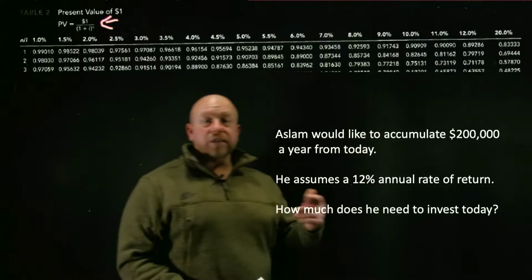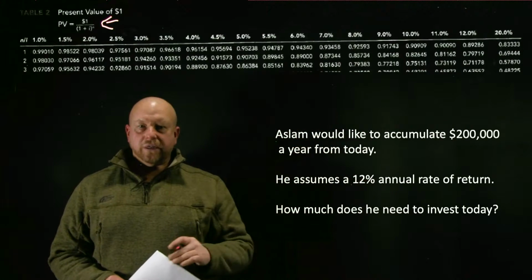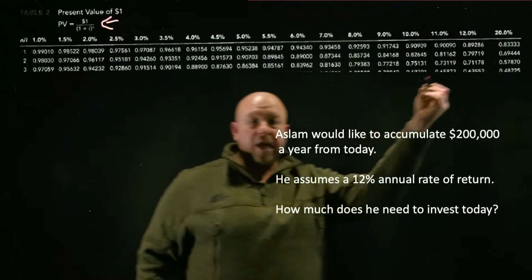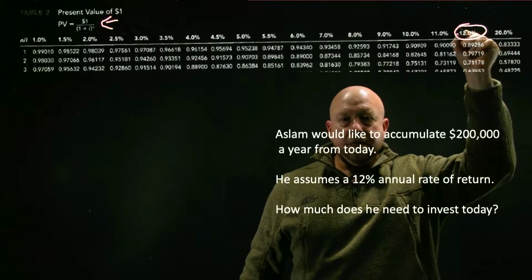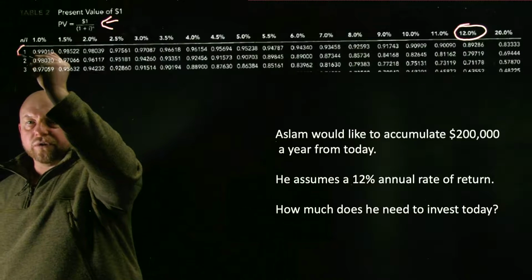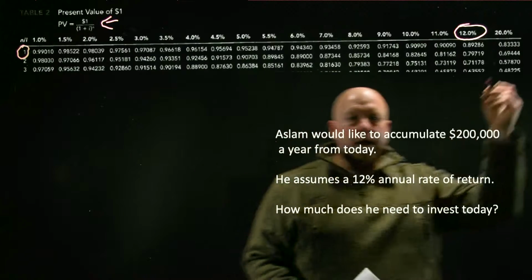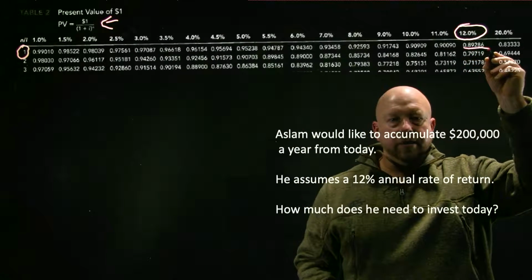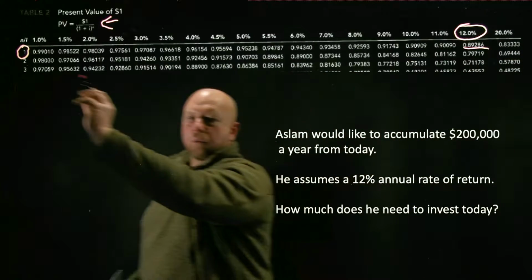Anyway, let's use these tables here. So Aslam wants to accumulate $200,000 a year from today. Good for him. He assumes a 12% annual rate of return. So we're going to take a look at this column of the table. Because we're only going out 1 year in the future, which maybe is unrealistic, here's our multiplier. We're just grabbing the interest rate per year and 1 year.